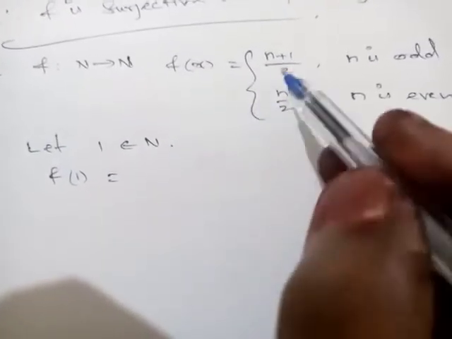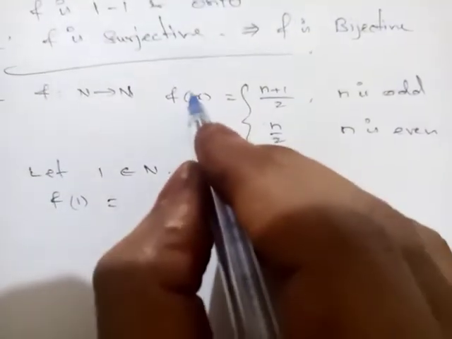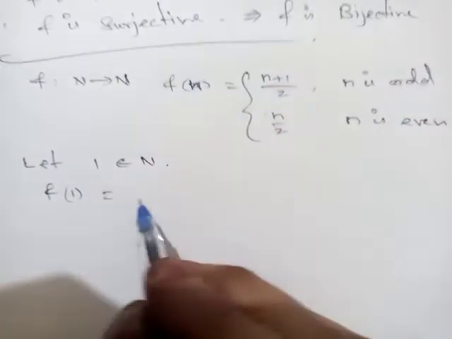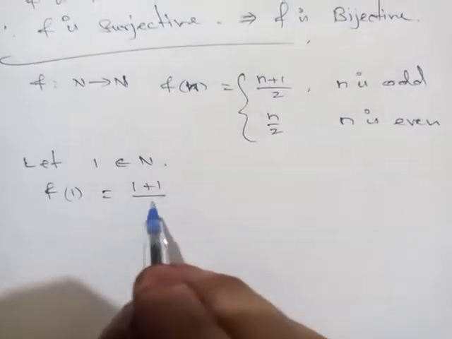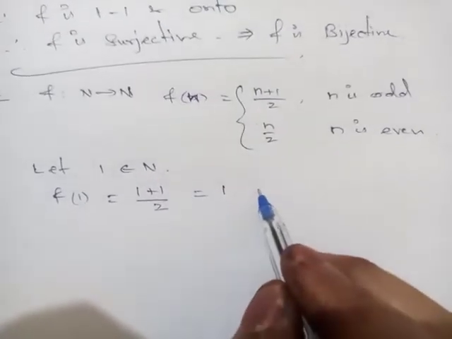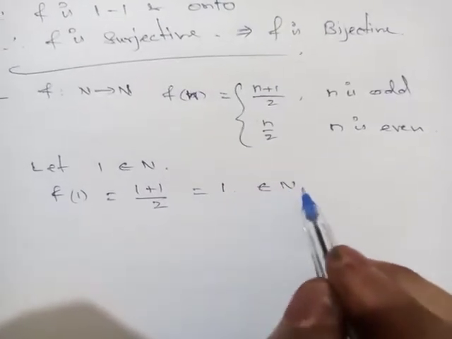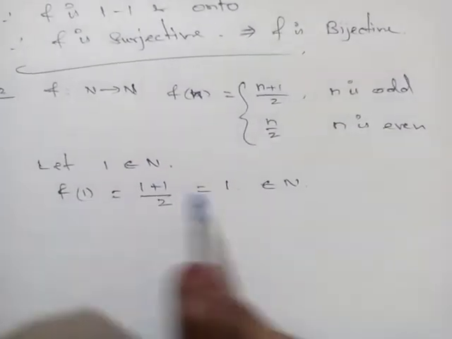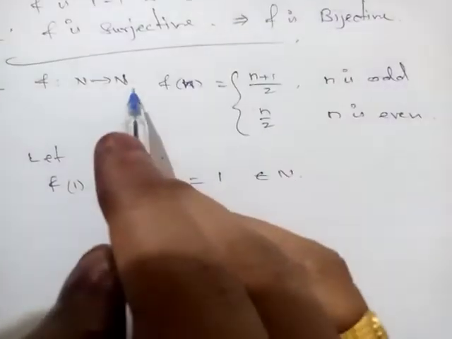You apply 1 here in f of n. f of n means (n plus 1) by 2. So f of 1 means (1 plus 1) by 2, so that is 1. That also belongs to capital N. That is, if you apply 1, you get 1, which is in the codomain.